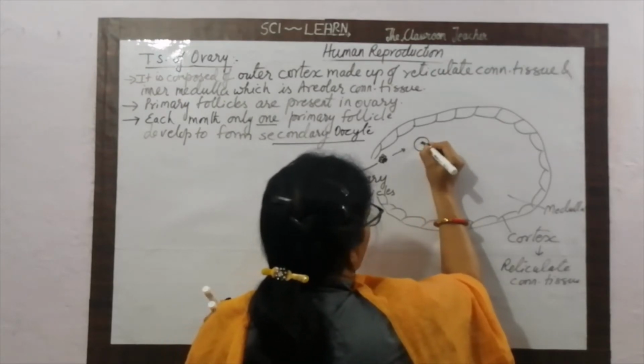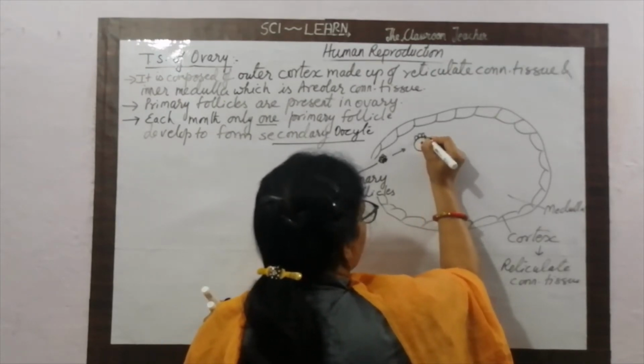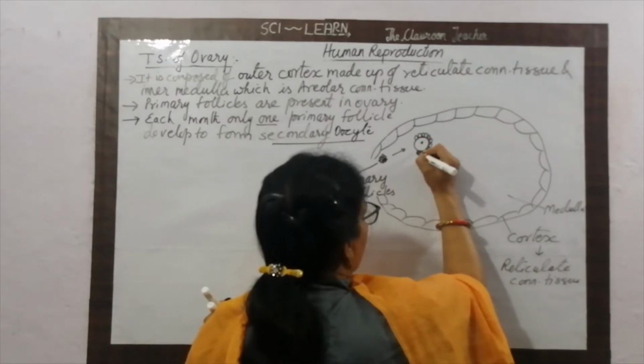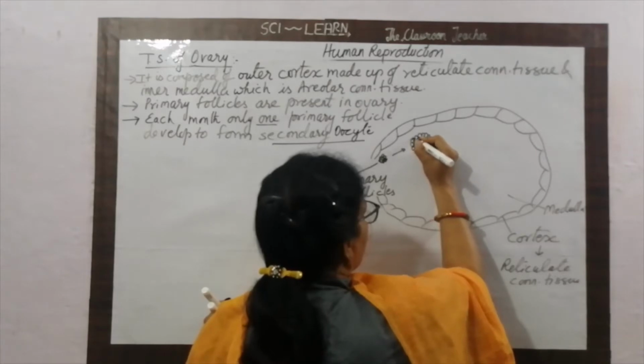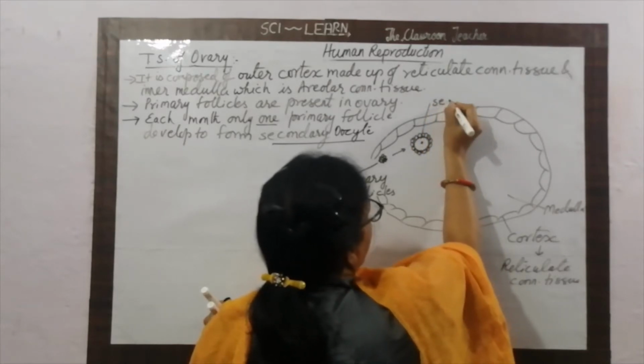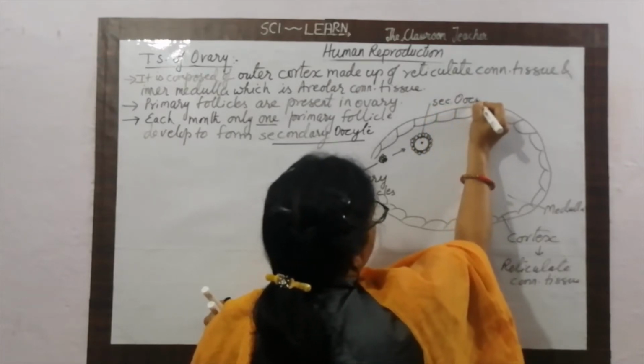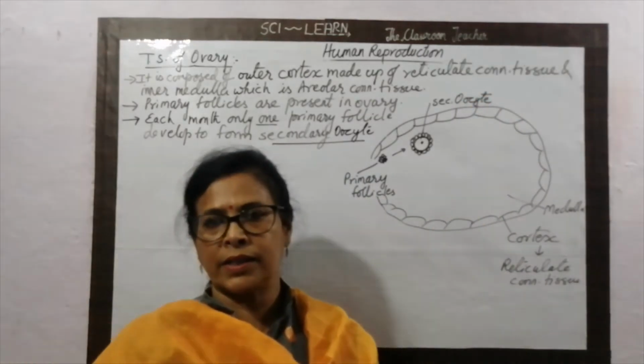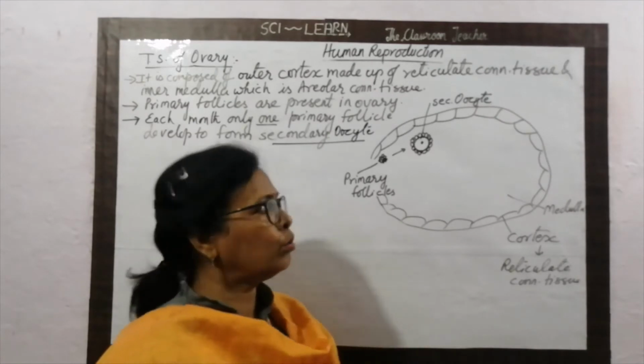This is the secondary oocyte covered with primary follicles. One primary follicle develops to form the secondary oocyte. In each month, only one develops to form the secondary oocyte.